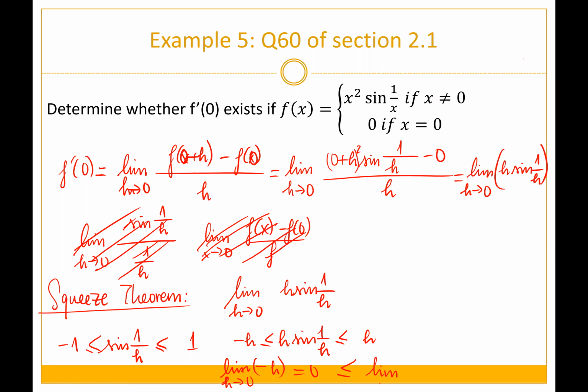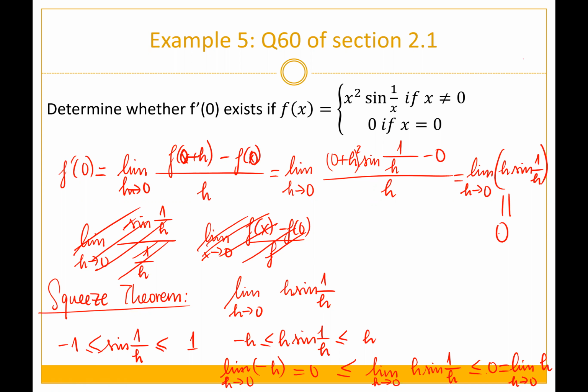When you take the limit of h approaching 0 for all three expressions, it's going to be 0, which is also equal to the limit of h approaching 0 of h. And so by the squeeze theorem, this limit is 0.